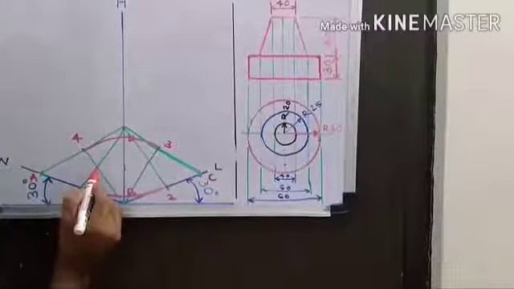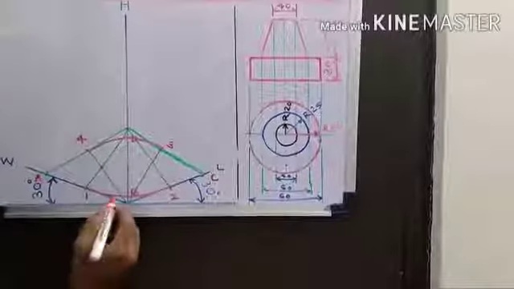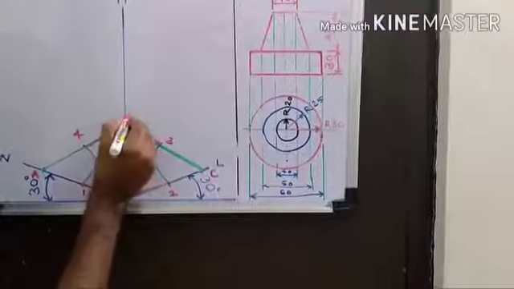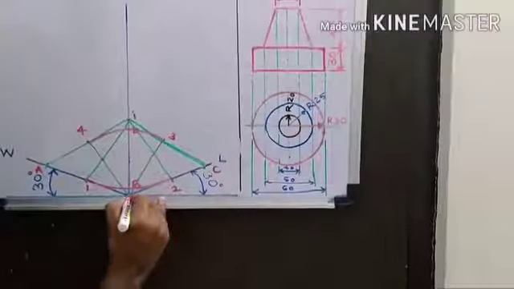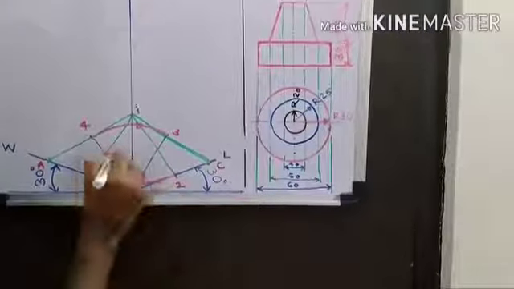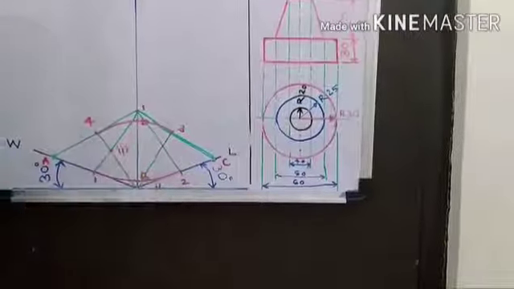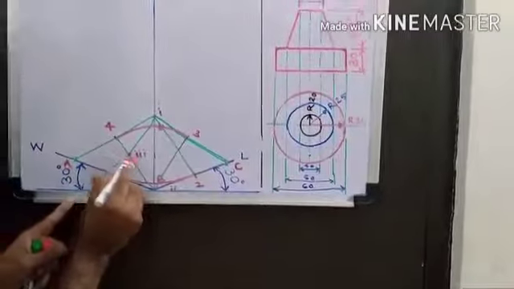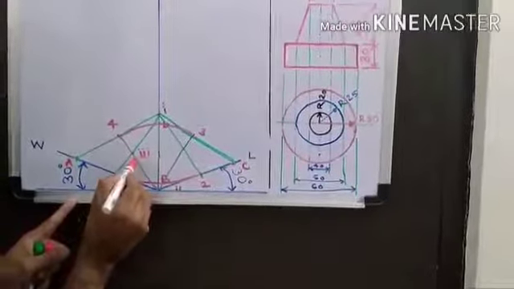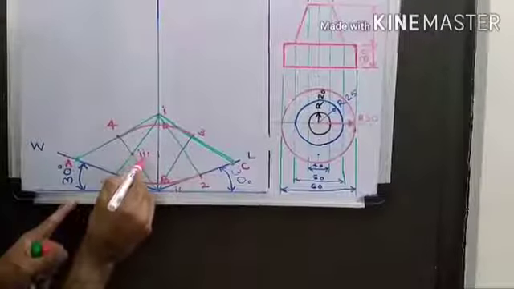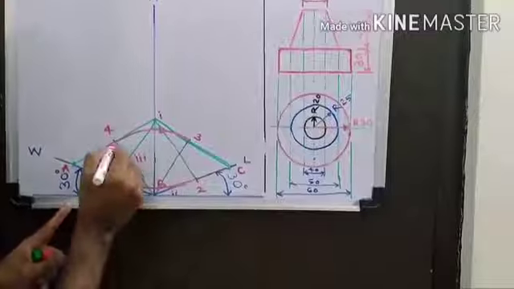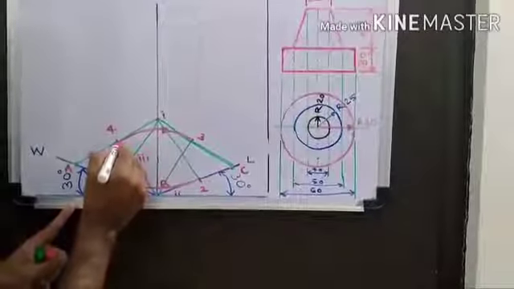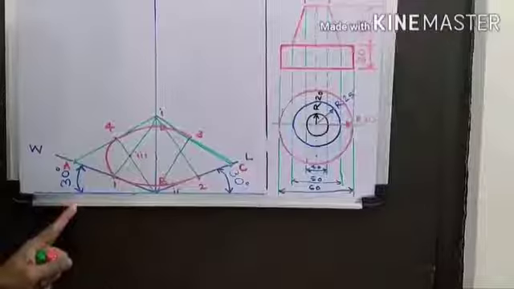Now this is another center. So this is the first center, this is the second center, this is the third center, and the third center is going to be the center, with radius to 4. Draw an arc by using a compass between the points 4 and 1.